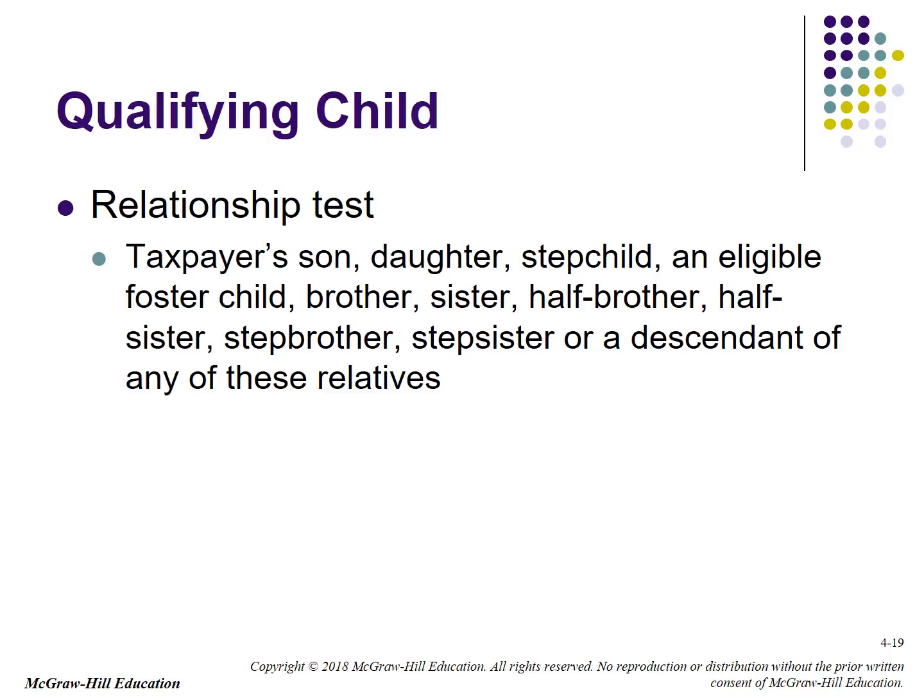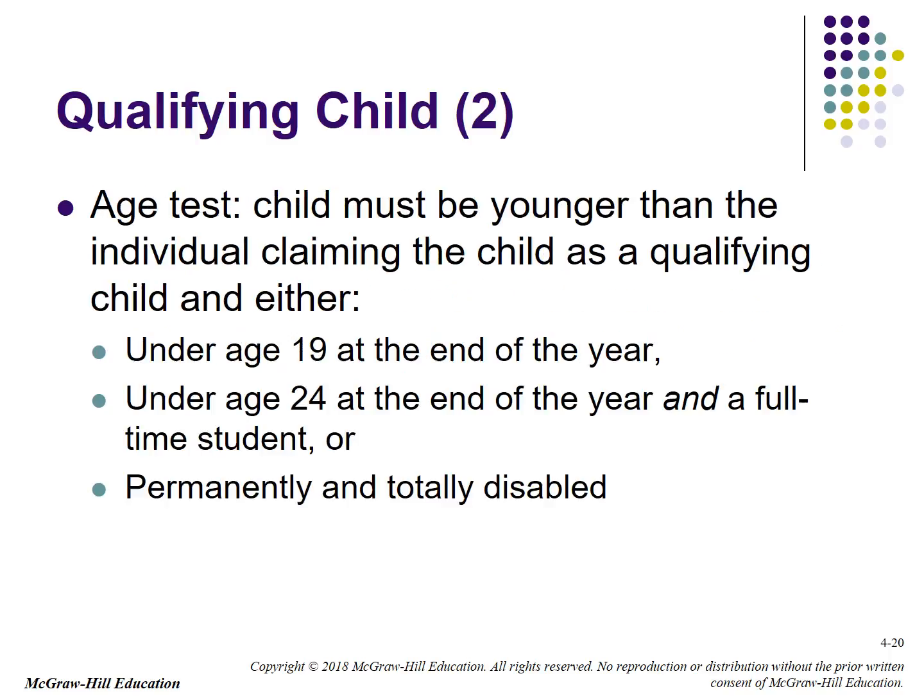So going down the family chain: son, daughter, grandchild, grandson, great grandchild, that's what we're talking about there. Brother, sister, niece, nephew, descendant. So that's it. Mother, father don't qualify. Grandma, grandpa don't qualify. Aunt, uncle don't qualify. Very specific. So if they meet that relationship, they meet that test.